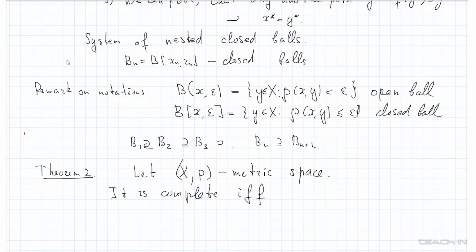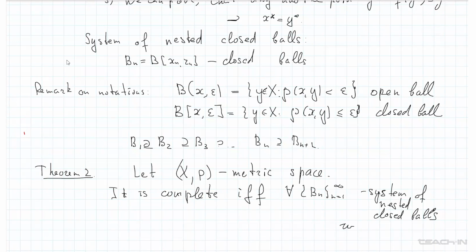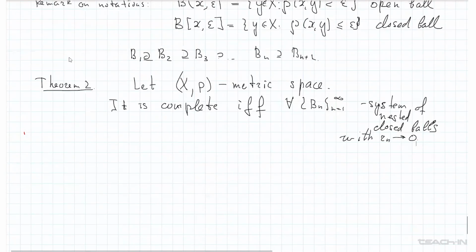It is complete if and only if for any system of nested closed balls with property radius tends to 0, exists unique point in intersection of these balls.